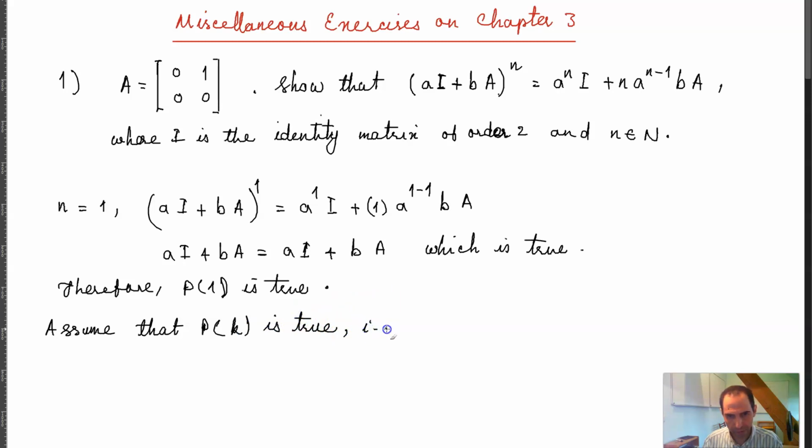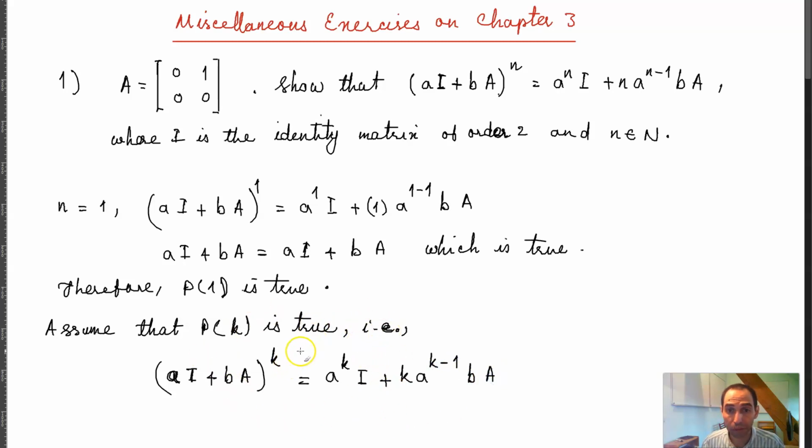That is, (aI + bA) raised to the power k is equal to a raised to the power k times I plus k times a raised to the power k minus 1 times b times A. So I'm assuming that this is true, right?